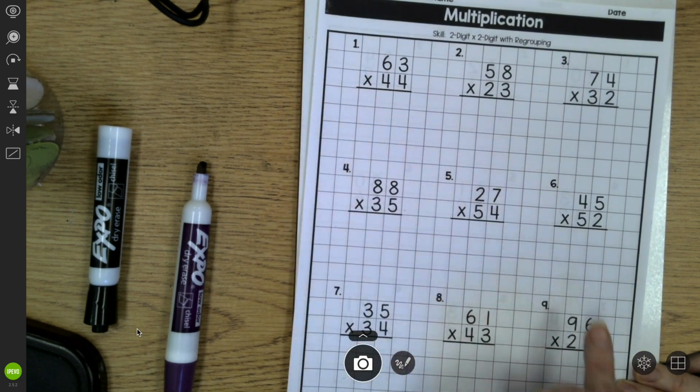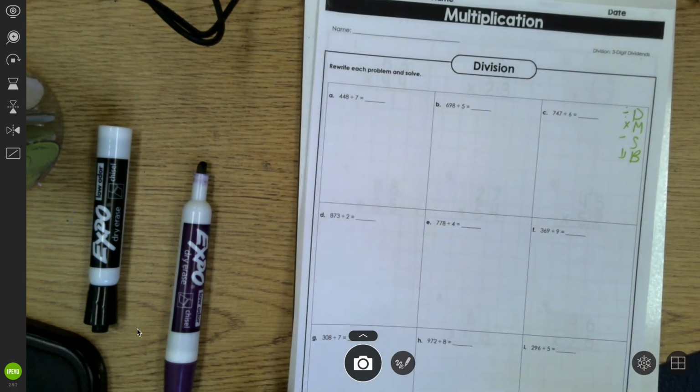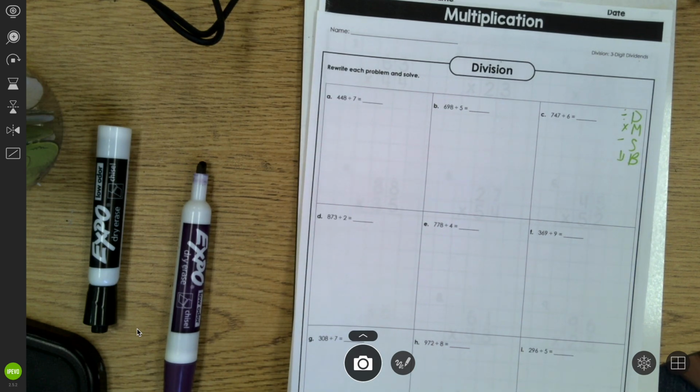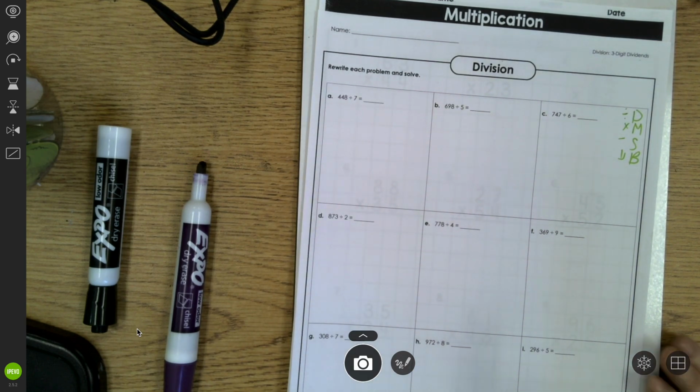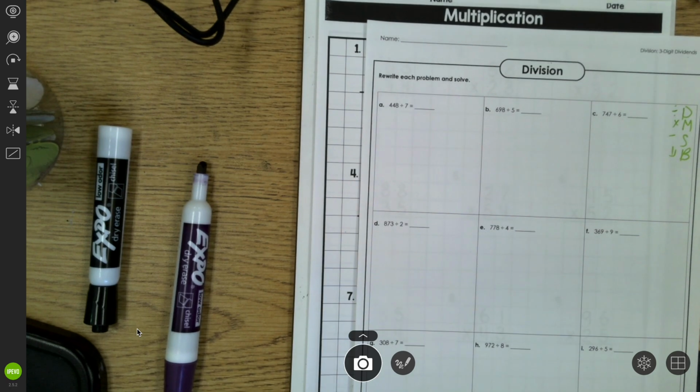Once you finish 1 through 9 in class, then there is a division worksheet in your folder. Ms. Garcia, I know, has the same anchor chart as I do with Does McDonald's Sell Burgers? So remember those steps. You'll have to rewrite the equations, right?